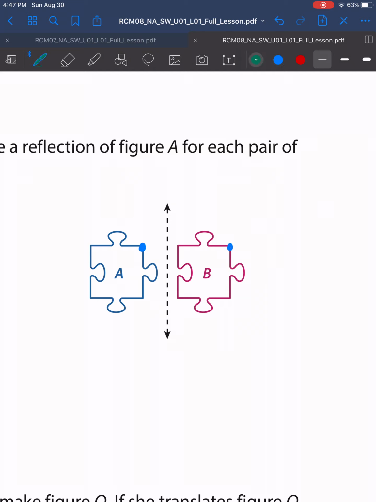The corresponding side for this green dot is actually right here. Is this green dot the same distance from the reflection line as this green dot? No. Is this blue dot the same distance from the reflection line as this blue dot? No. This puzzle piece did not reflect across the line. It just slid across the line, correct?